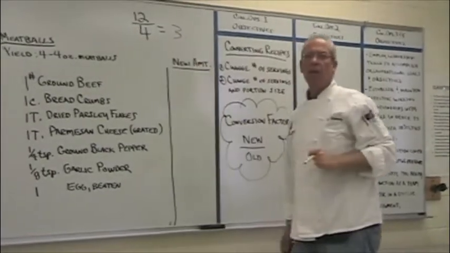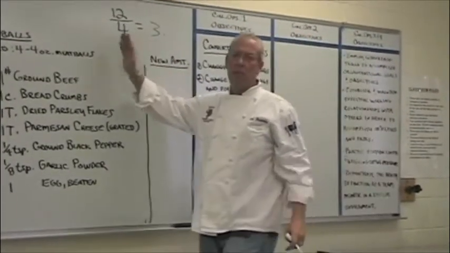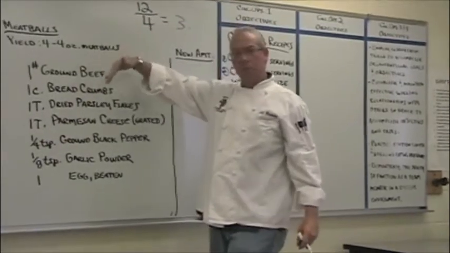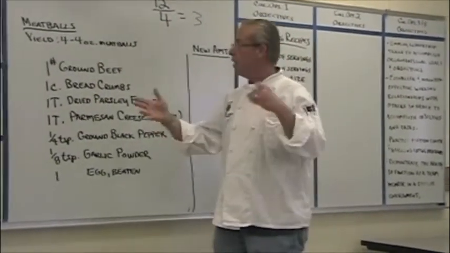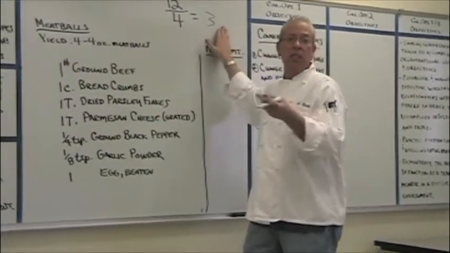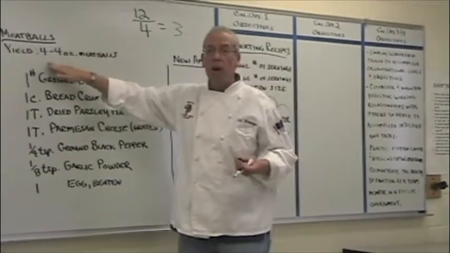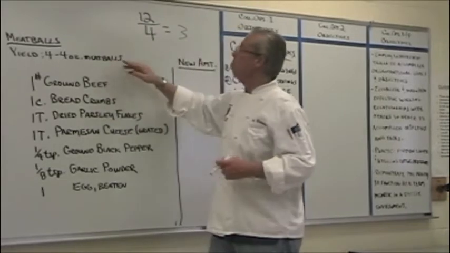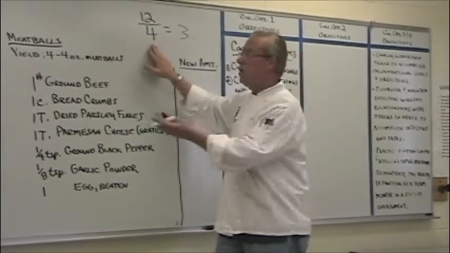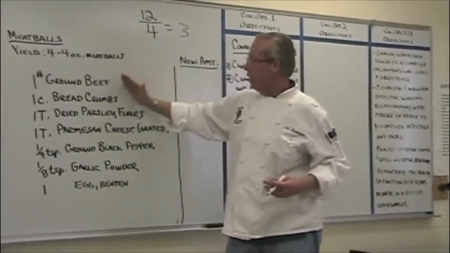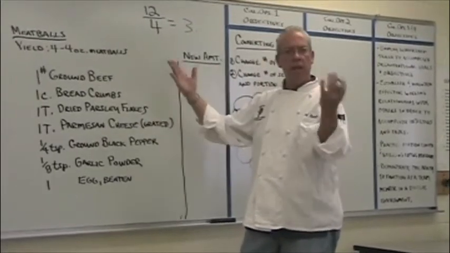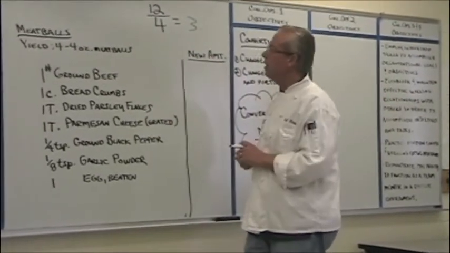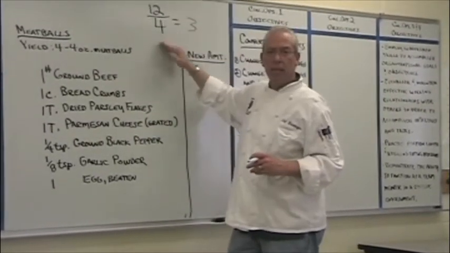Now, we're going to do something here with Mama's meatballs that will maybe give you a better understanding of how we convert it. Now, let's just say that Mama's meatballs is 4 4-ounce meatballs, right? So we can use Mama's meatballs here as an example. What I do is I put down a few of the ingredients of a typical Italian meatball, and this is what we'll use.